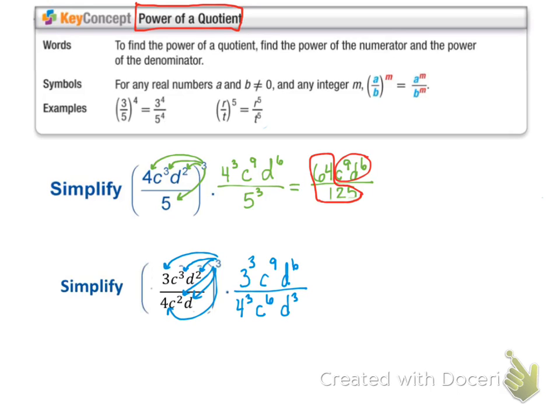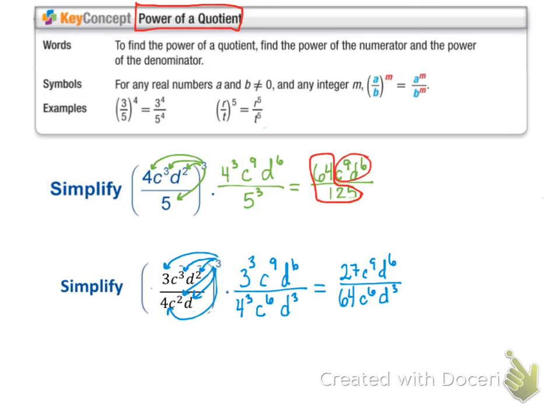Okay, lots of stuff going on here. What is 3 cubed? 3 times 3 is 9, times 3 is 27. C to the 9th, D to the 6th. 4 cubed, 4 times 4 is 16, times 4 is 64. C to the 6th, D cubed.